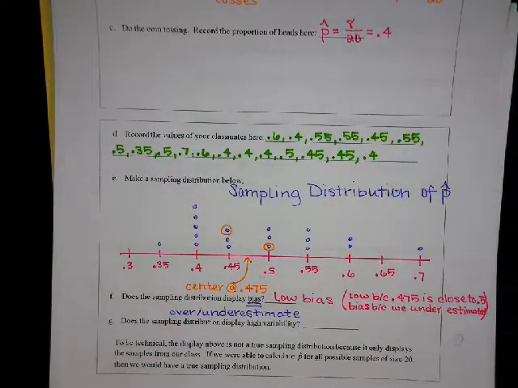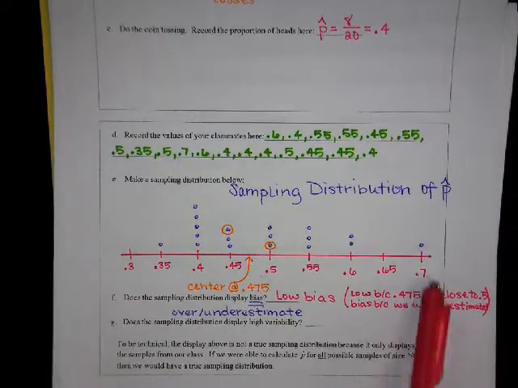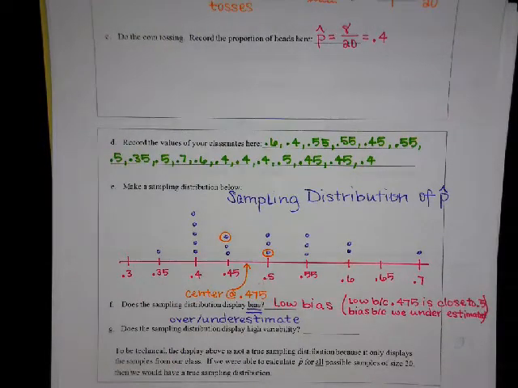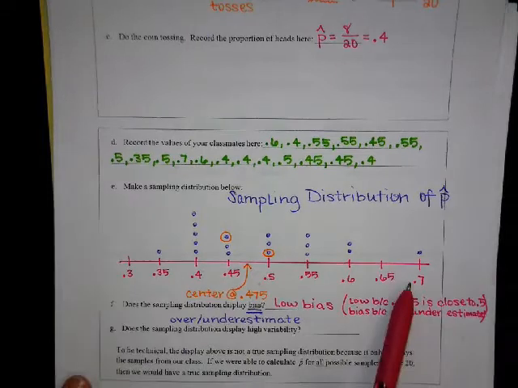Question G, does the sampling distribution display high variability? So high variability, or variability, I shouldn't say high, is talking about your spread. So our highest is 0.7 and our lowest is 0.35, and we know that it should be centered around 0.5.